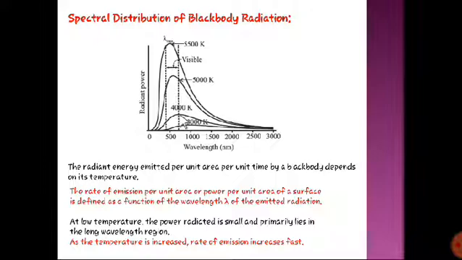By considering this, let's increase the temperature of the black body up to 5000 Kelvin. As we increase up to 5000, again the peak goes on increasing and then goes on decreasing. See, at 5000 the radiant power is this, at 1000 it is here, and in between them it is here, and it is maximum between 500 and 1000.